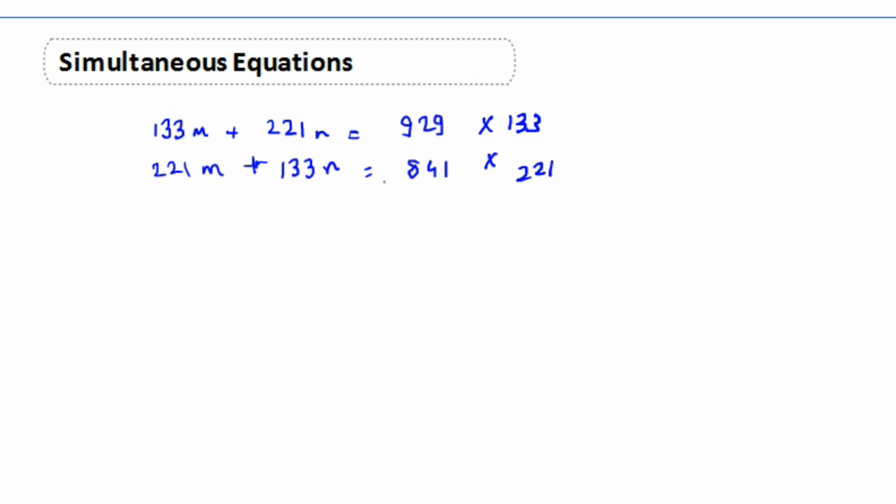But can you imagine multiplying 929 by 133 or 841 by 221? Those would become very large numbers, don't you think so?